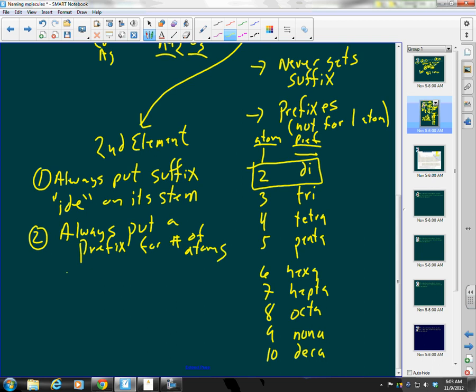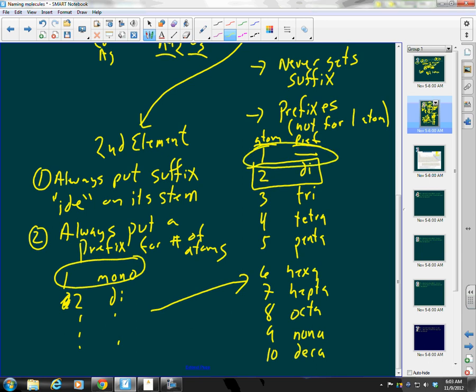So 1 is going to be mono, 2 is di, and they all follow the same after that: di, tri, tetra, penta, same as over here, with the exception that here we use mono for 1, whereas over there there's no prefix for 1.